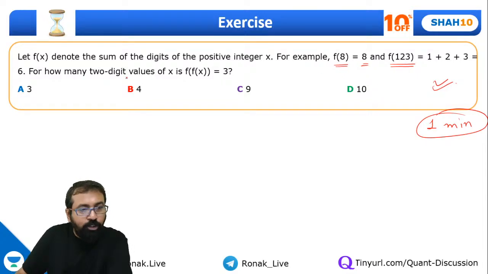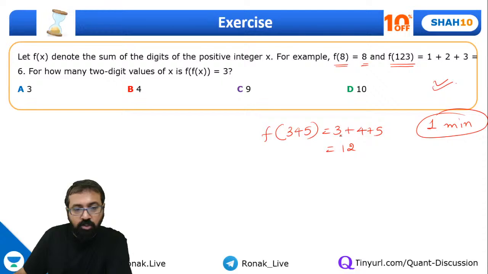For how many 2-digit values of x is f of f of x equal to 3? Means if I take a number like 345, right? What is the sum of the digits? 3 plus 4 plus 5, that is 12, correct.